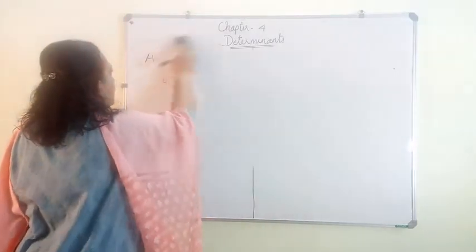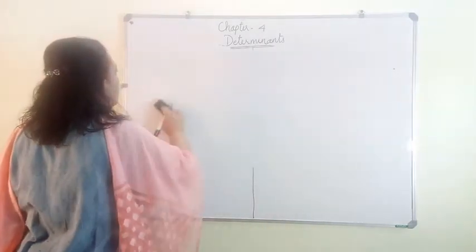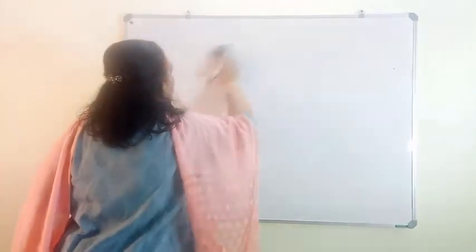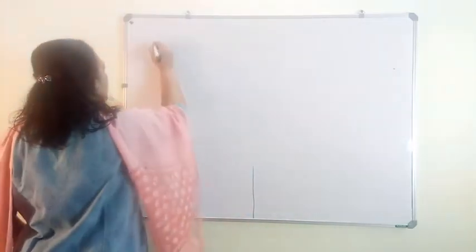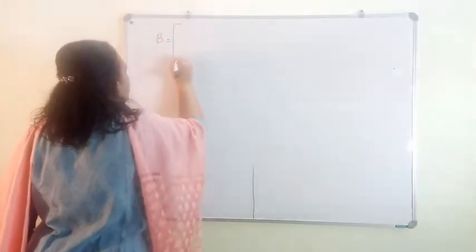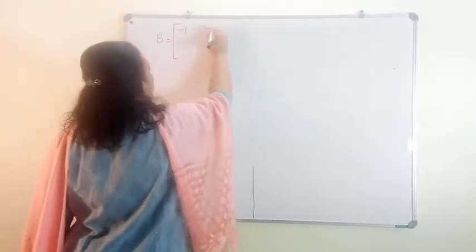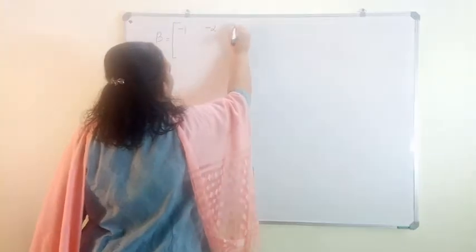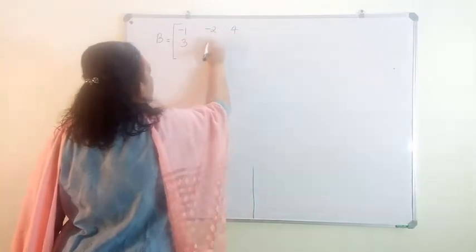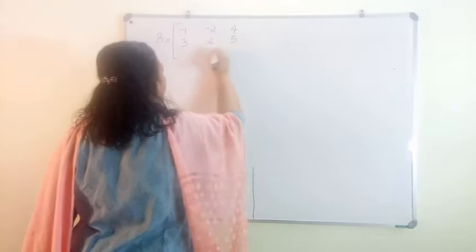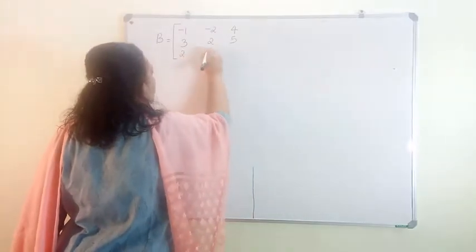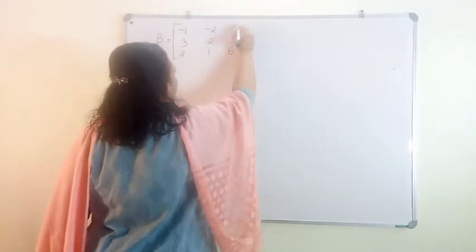Now, let us consider one more example. Let us consider a B matrix. B matrix is equal to the matrix minus 1, minus 2, 4, 3, 2, 5, 2, 1, 6.